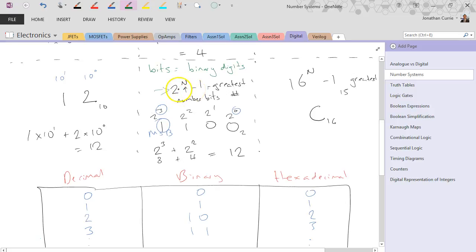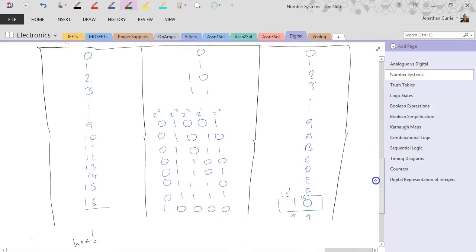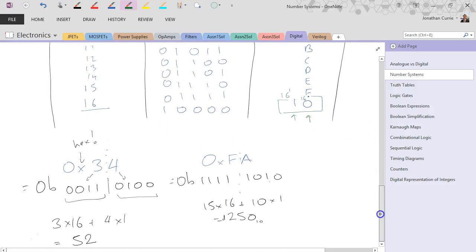So for binary, 2 to the power of 3 minus 1, the greatest number would be equal to 7. 8 minus 1 is 7. Okay, and let's say if we had 1 hexadecimal digit, the greatest number would be 15. Alright, 16 to the power of 1 minus 1 is 15. And then we had a look at how they would all be written in a number table there.